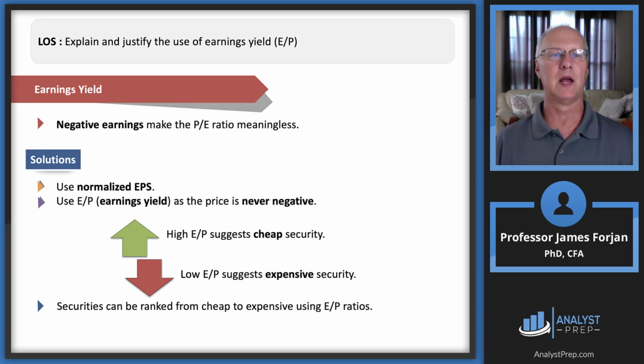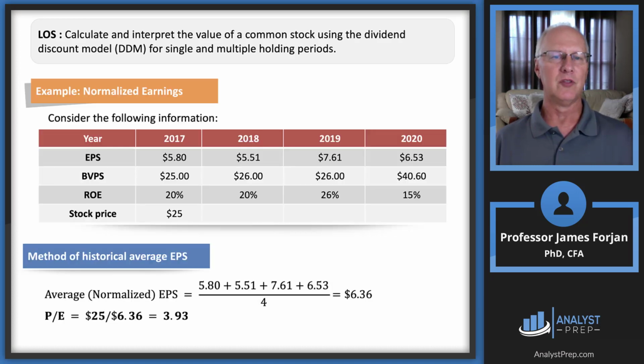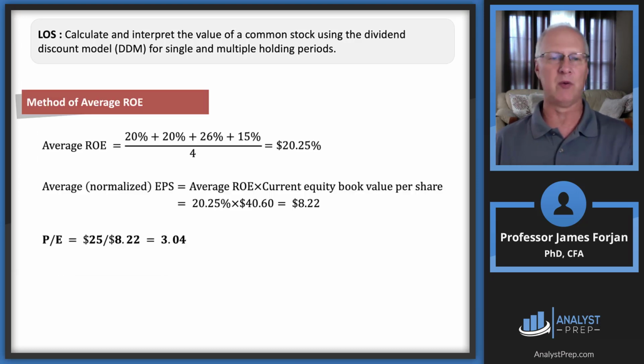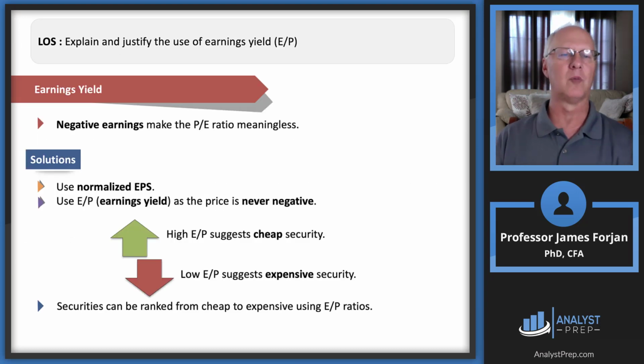All right, so how do we solve this problem? We use normalized EPS, right? Now, here, let me just go back here quickly. So that would get rid of, even if you had one negative EPS in there, on average, they would be positive, right? So you can use normalized EPS, or you can use the earnings yield because the price is never negative.